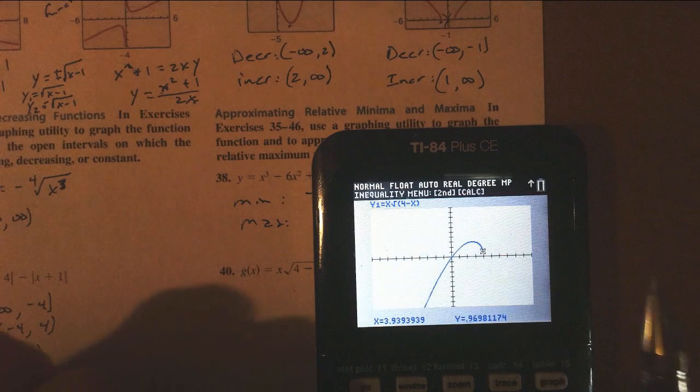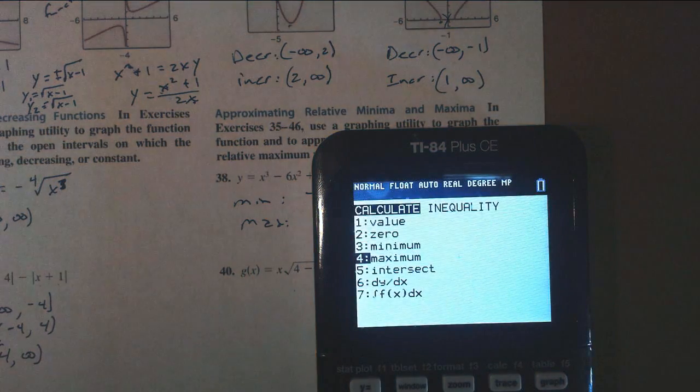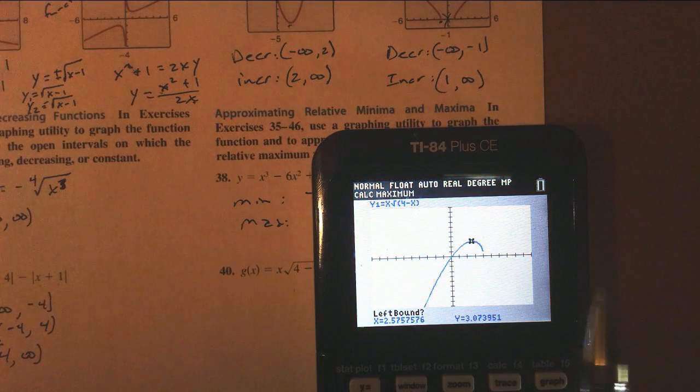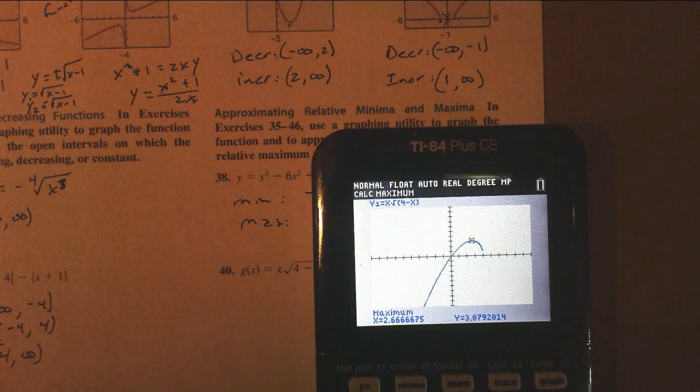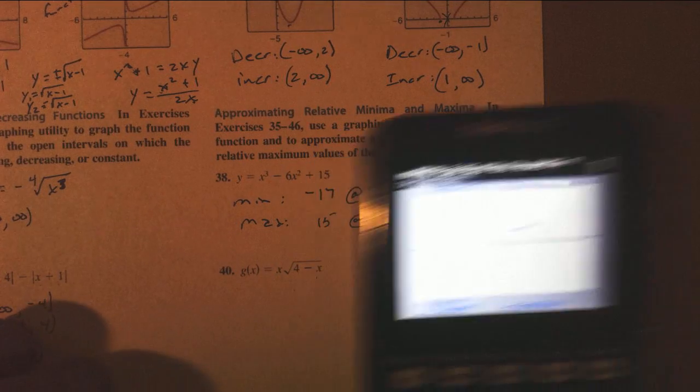So I'm going to go second calc maximum, step over here, and this, I'm going to guess that might be 2.6 repeating. And boy, I have no idea. I think I'm just going to round this one to 3 decimal places.